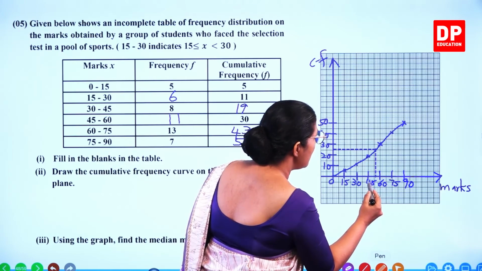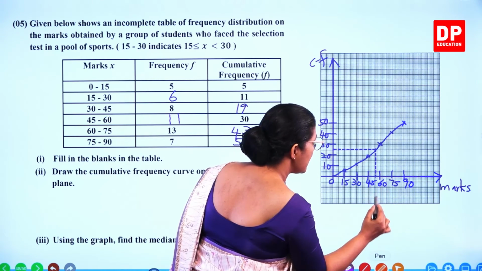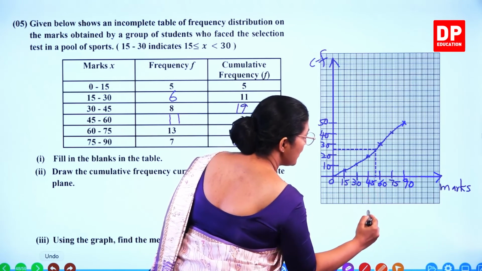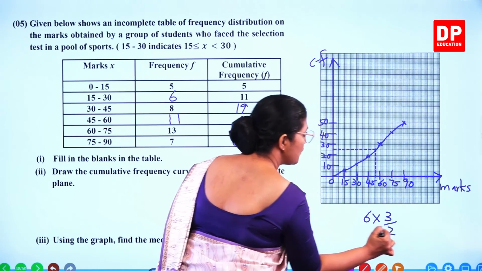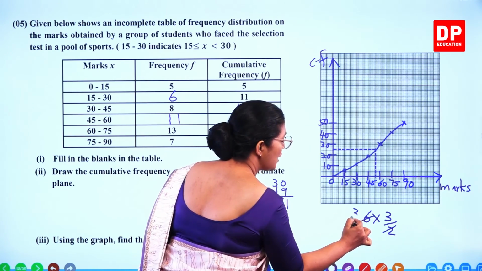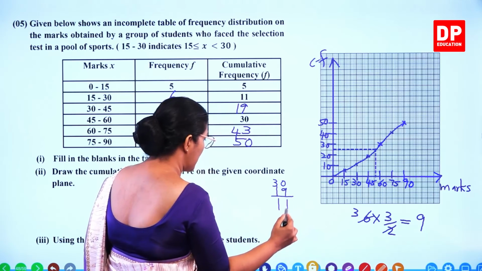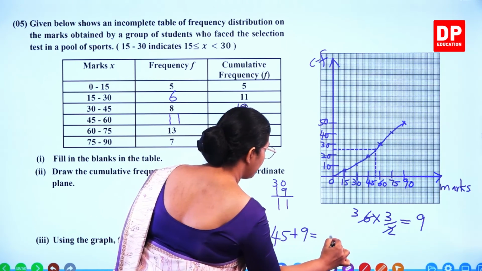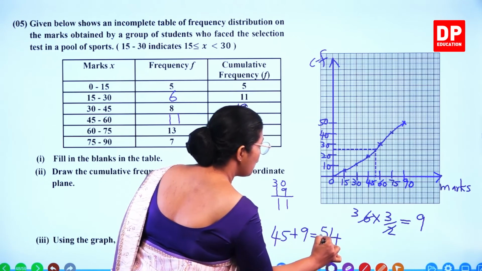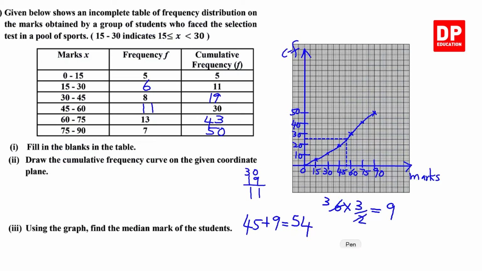Here we can see 6 squares. 6 into 1.5. 1.5 I can write as 3 over 2. So that means 9 from 45. So 45 plus 9, 54 is the median mark.